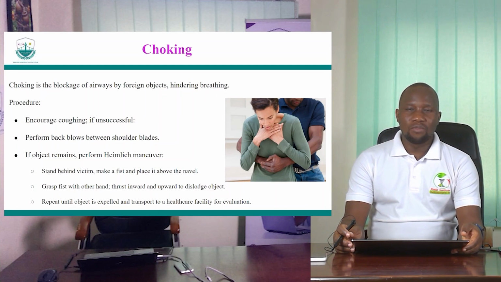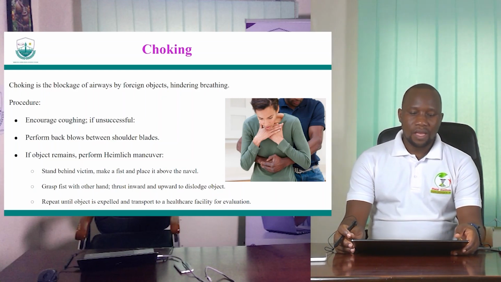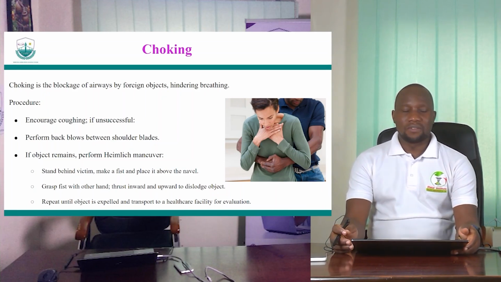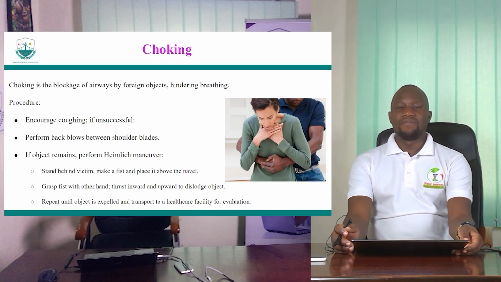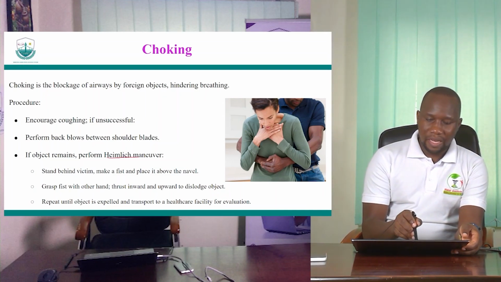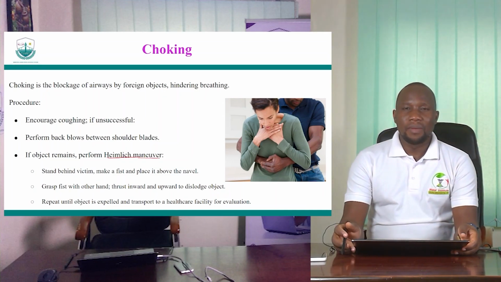So encourage them to cough. Sometimes the foreign object can get off, and if that does not work, you can hit on their shoulders to make sure it comes out. But still, if it does not come out, you can perform what we call the Heimlich maneuver.